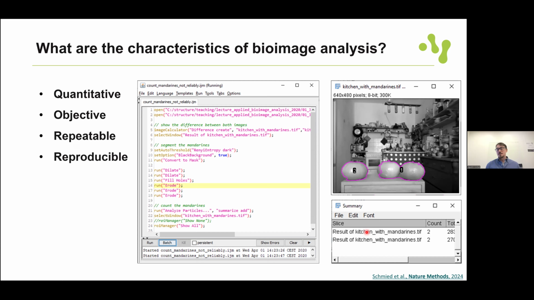And the good thing is that science has to be reproducible, because we might not agree with the criteria I used during this analysis, but then you could totally run the same pipeline on your images, or do the same analysis and say, okay, I do not agree with your analysis because I get this result. But you are able to reproduce my results, build on top of them, and then we can start discussing. If you're not able to reproduce my results, then you might even start doubting what I was doing before.